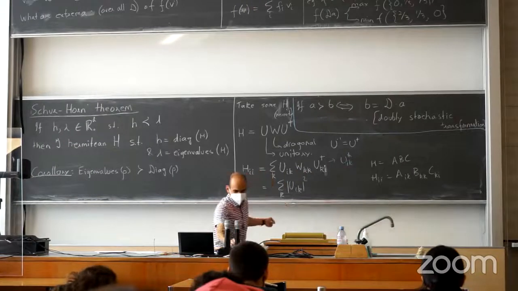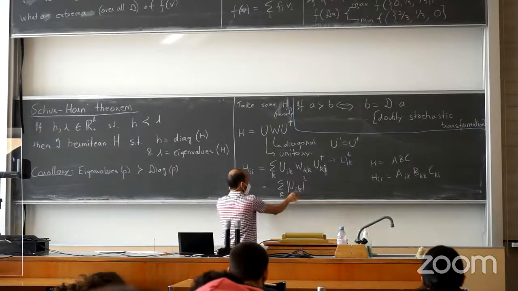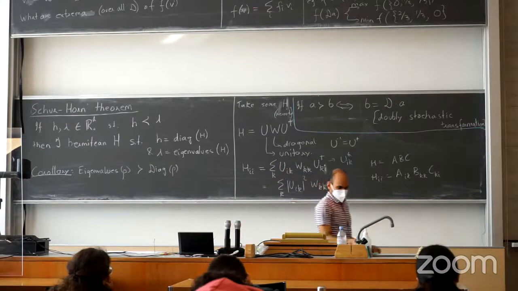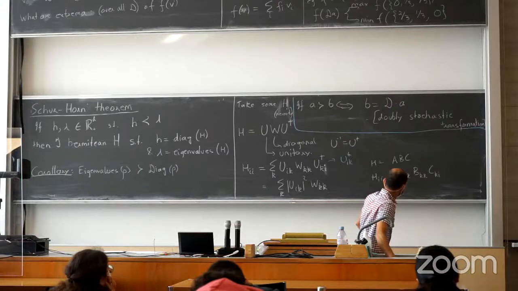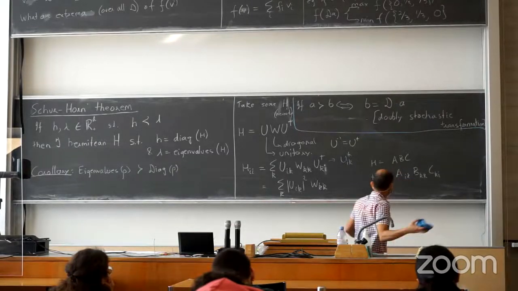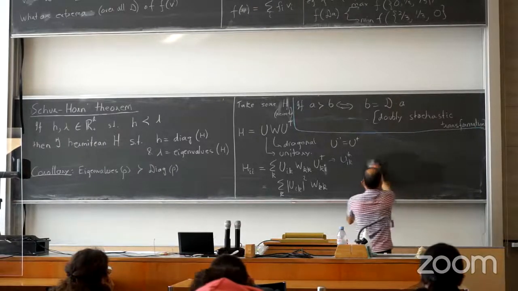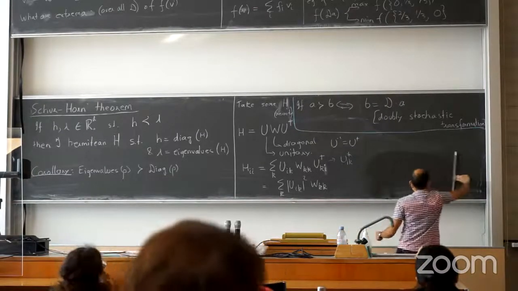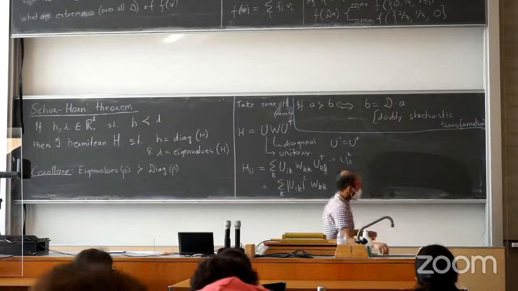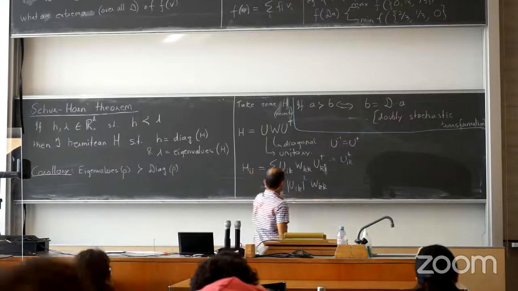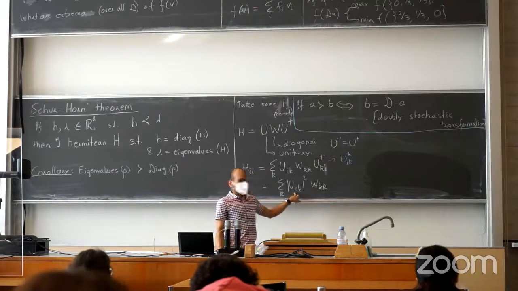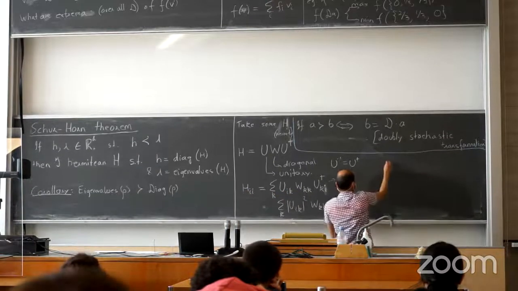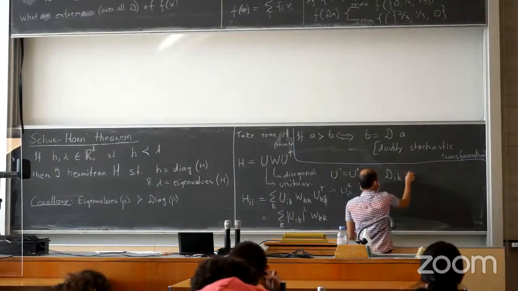And so I have |U_ik| squared times W_kk. And now this is actually a doubly stochastic matrix, because if I look at |U_ik| squared as a matrix, I can now define D_ik is equal to |U_ik| squared.